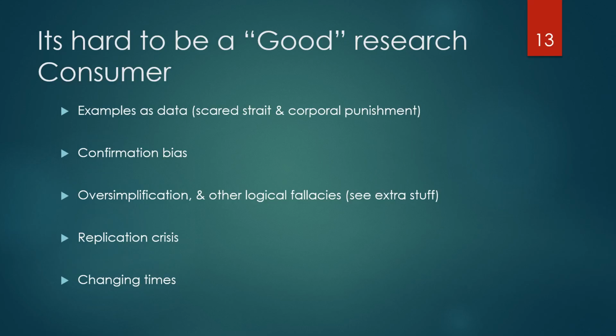The replication crisis is something I'd like to mention very, very briefly, and it kind of ties in with changing times. In the last 10 to 20 years, psychology has noticed that a lot of research that exists from the past was wrong because people did their best to do research but were swayed by trying to publish.